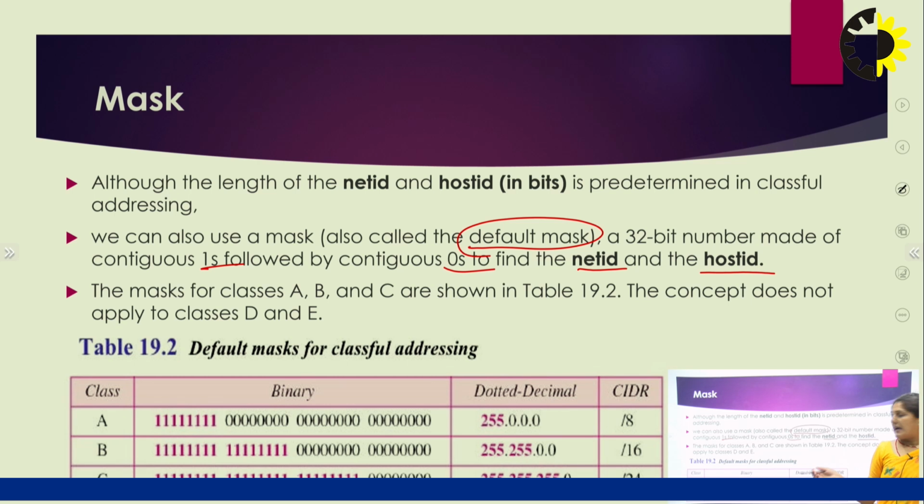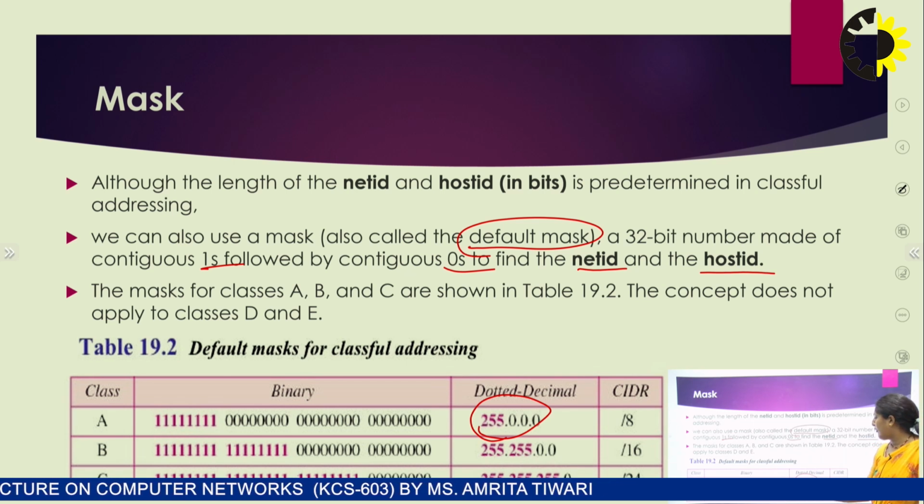We apply this default mask to the IP addresses, and from that we can identify the network ID and the host ID of the particular class. The classes A, B and C, I have already told you. For class A, the default mask is 255.0.0.0. For class B, 255.255.0.0.